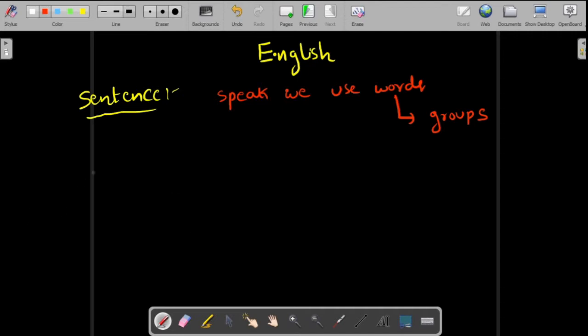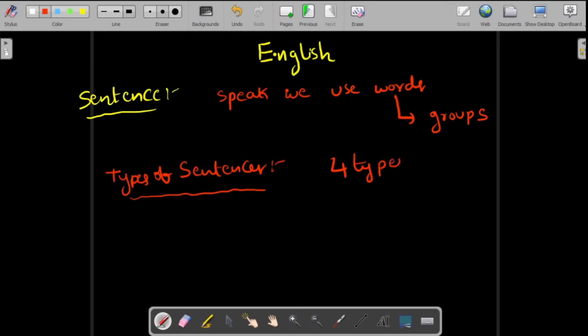Okay, how many types of sentences are there? The types of sentences which we are going to use in daily life are four types. What are they? First one is declarative sentence, or assertive sentence.